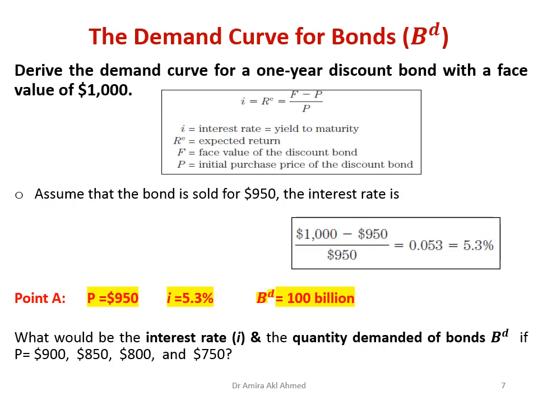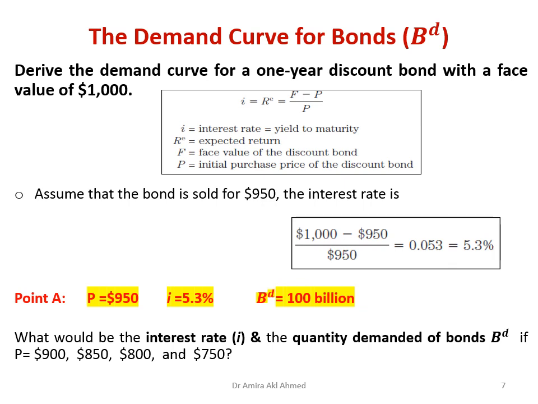Our task now is to derive the demand curve for a 1-year discount bond with a face value of $1,000. In this case, the return on this bond is entirely determined by its price. The return in this case is the bond's yield to maturity, and it is equal to the interest rate.